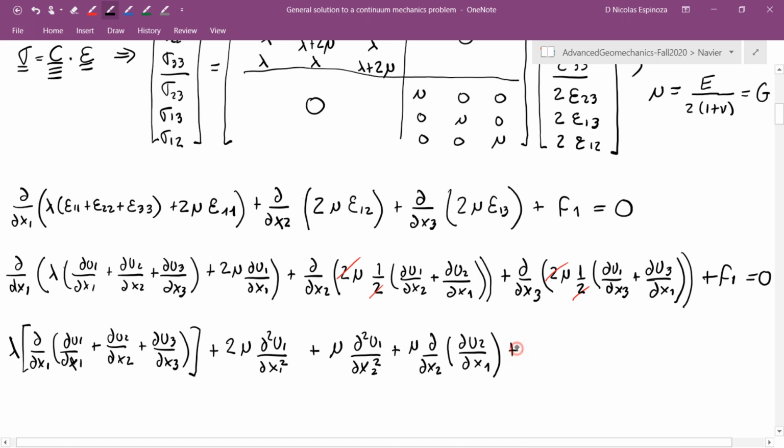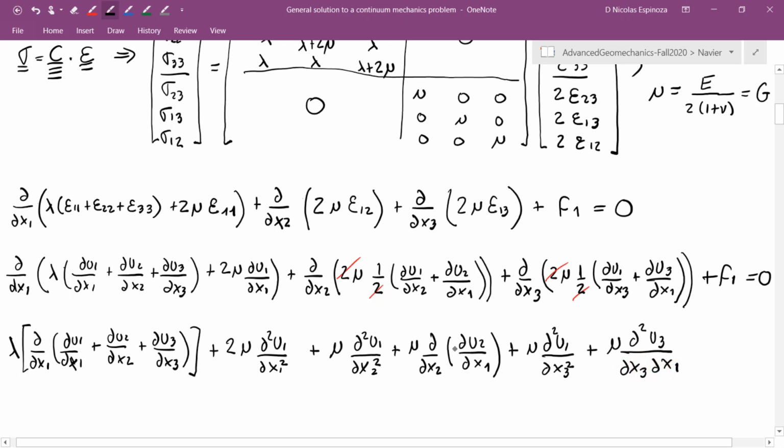And a similar thing is going to happen with the third term. Second derivative here, and for the last one, it's going to be mu, and let me save some space here. I can also write this like this.